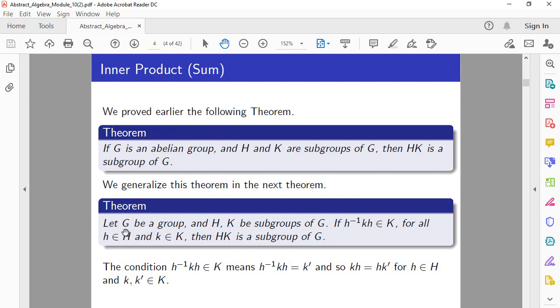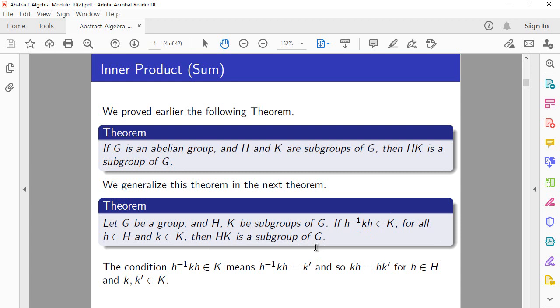So G is any group and H and K are subgroups of G. And the condition that we are requiring here is that H inverse KH belongs to K for all H in H and K in K. And under this condition, the inner product of H and K is going to be a subgroup of G.